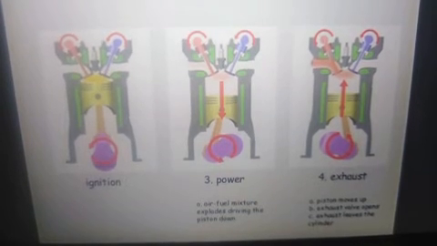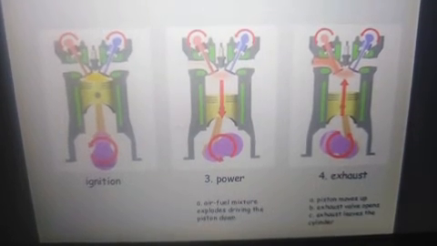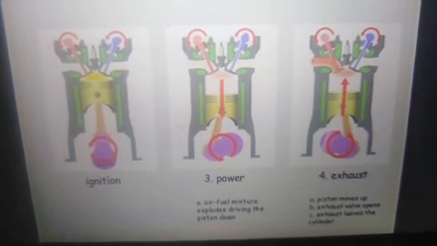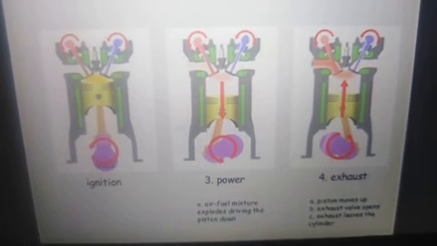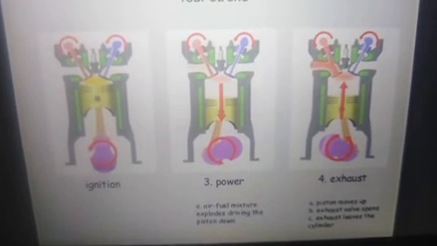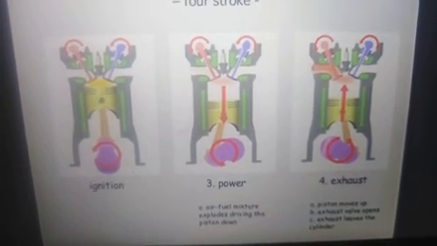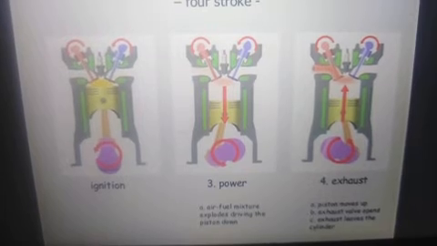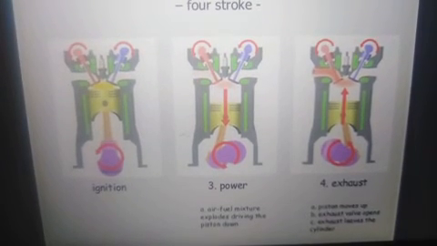At the end of that stroke, the spark plug ignites the spark and the fuel gets burned. The air fuel mixture gets burned and a major blast takes place in that engine, and that blast is our power which is given to the piston.